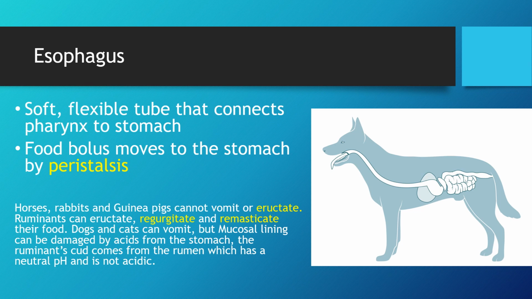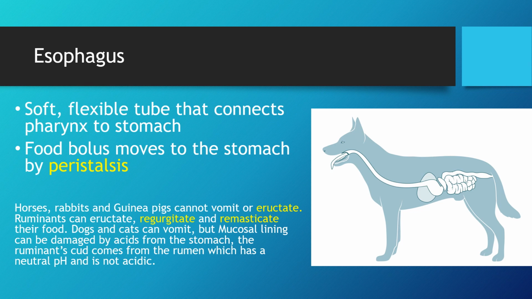Dogs and cats can, of course, vomit, but we need to be worried about that on a routine basis because of their mucosal lining. Just like in humans, it can be damaged by the acid from the stomach. So the stomach is highly acidic, and those fluids can actually hurt the sensitive esophagus because it's not prepared for those kinds of acids. However, the ruminant doesn't bother them at all.